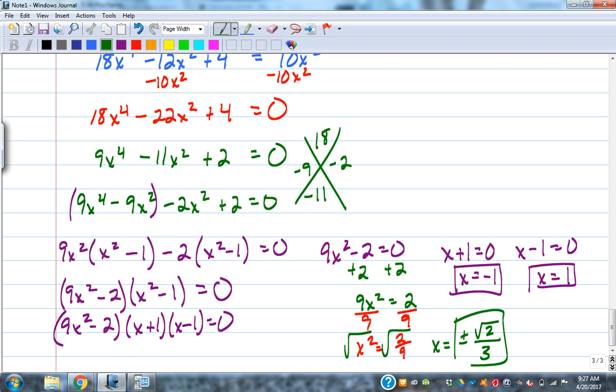All right, so square root of 9 is 3. When I take the square root of a fraction, I take the square root of the top, the square root of the bottom. And the bottom just happens to simplify on this one. So we have 4 x values. That means we need to find 4 y values that go with those 4.